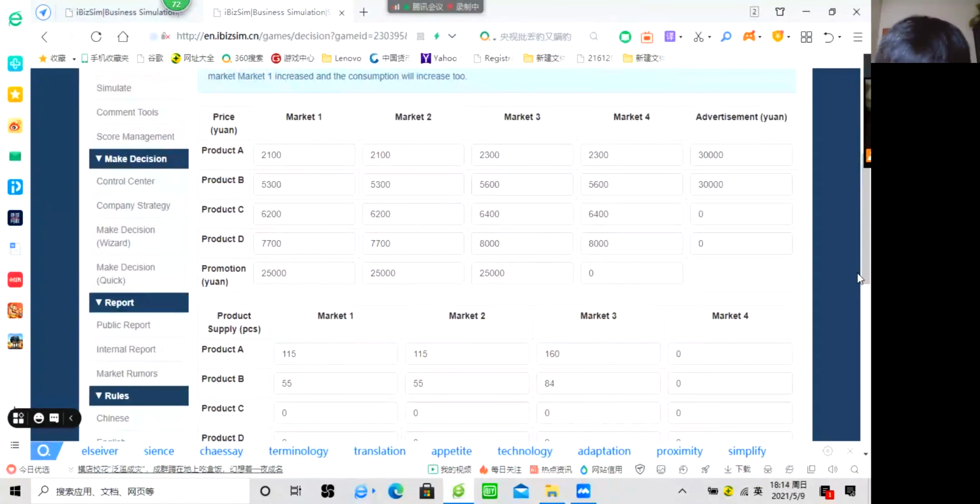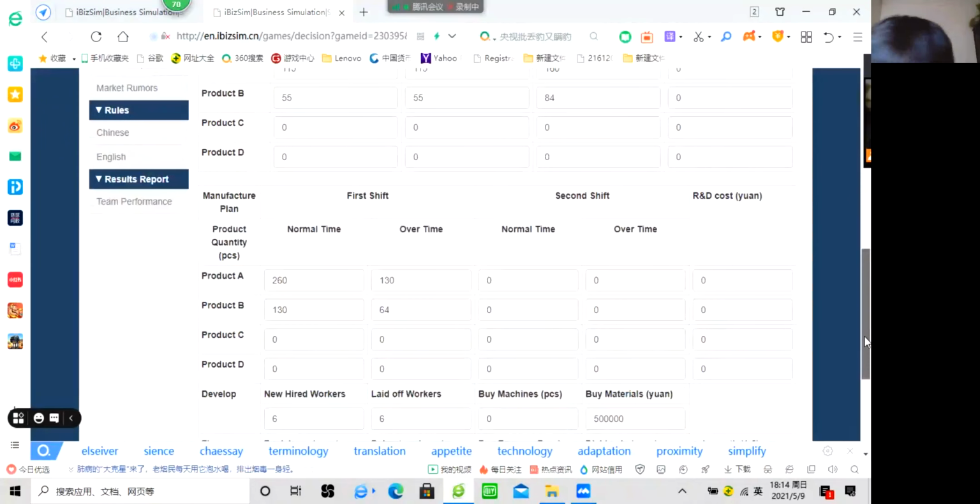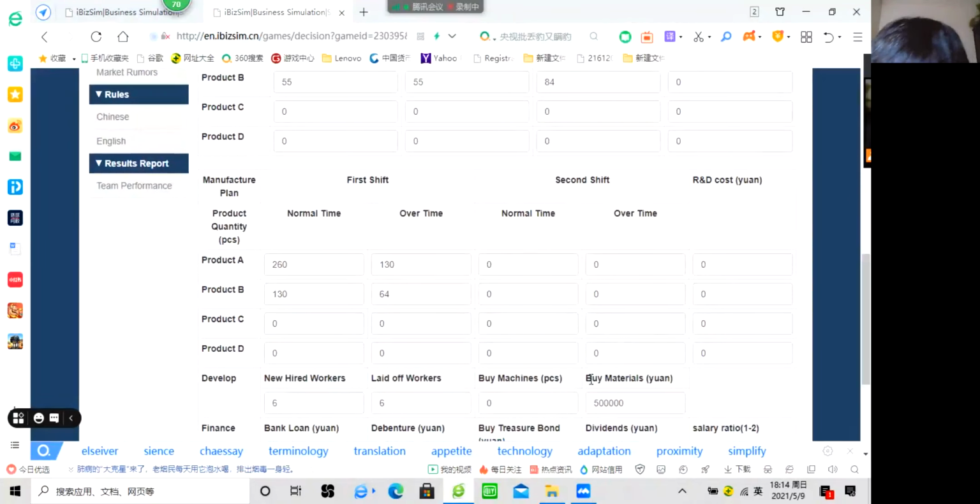But in our factory, we also have a warehouse to store 25% of products produced in this quarter. Why? Because this is what the rule said. We must be familiar with the rule. So this is 8 quarters.